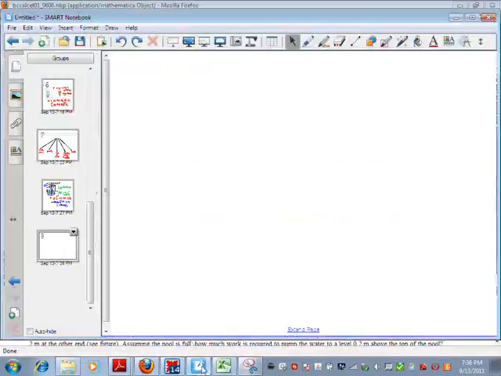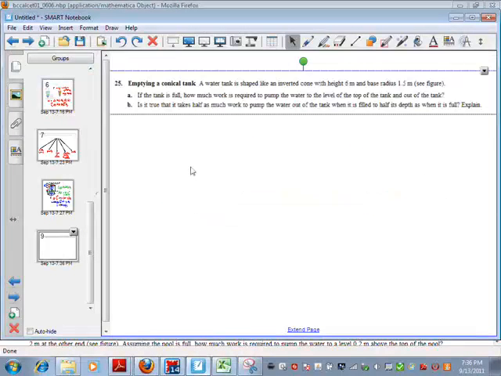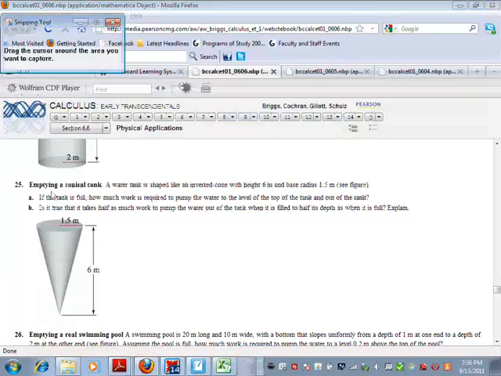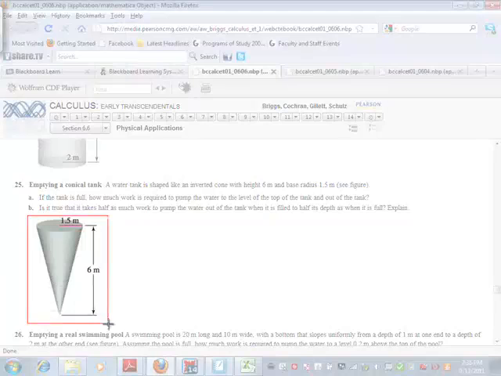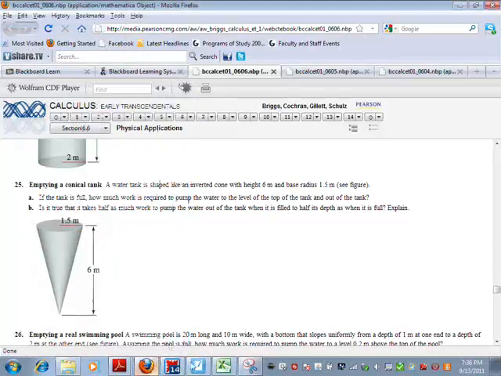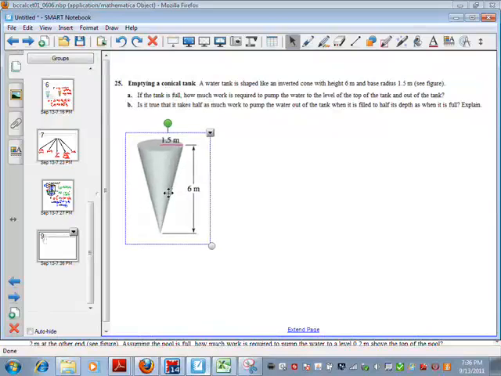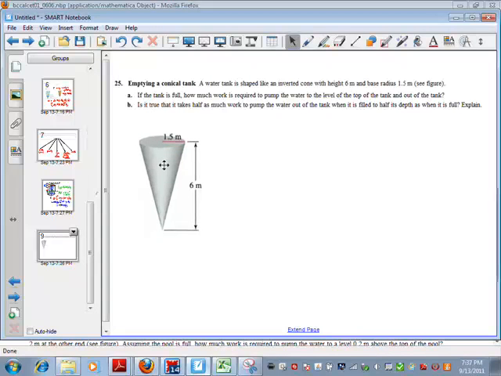A water tank is shaped like an inverted cone with height 6 meters and base radius 1.5. See the figure. If the tank is full, how much work is required to pump the water to the level of the top of the tank and out of the tank? So just right to the top and out. How much work is done?